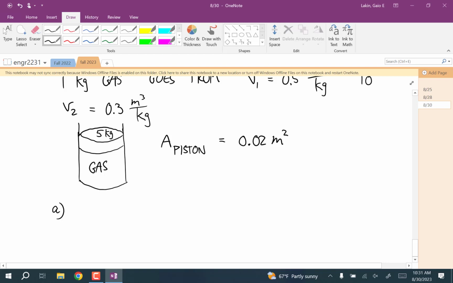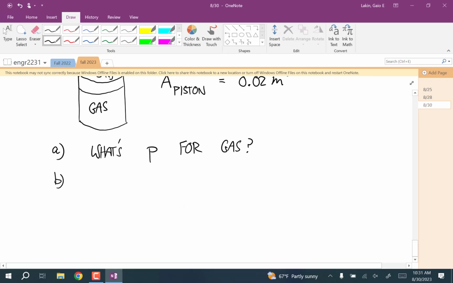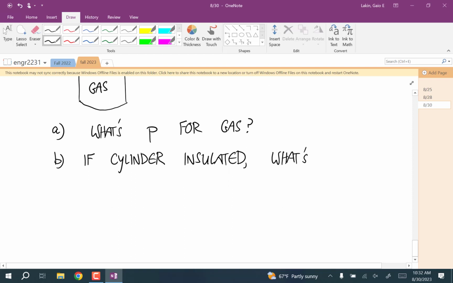So first, we want to calculate what's the pressure for the gas. And second, we want to calculate, if the cylinder is insulated, what's the change in specific internal energy of the gas?